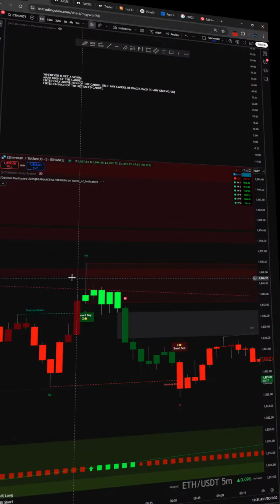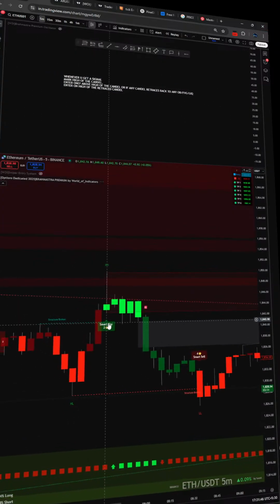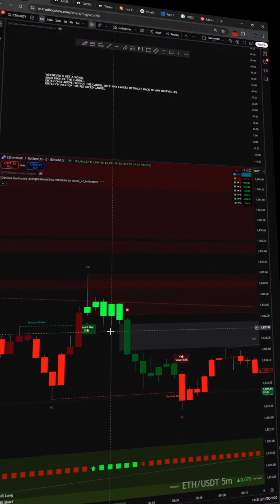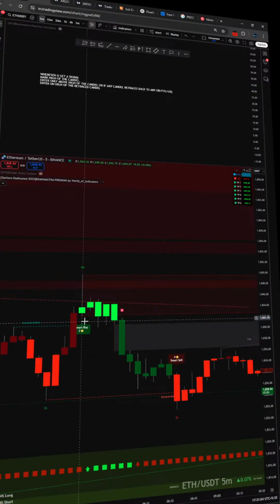Let's apply it on the chart. Here you got the signal, on this candle you got the signal. This is the high closing. You can mark the high.